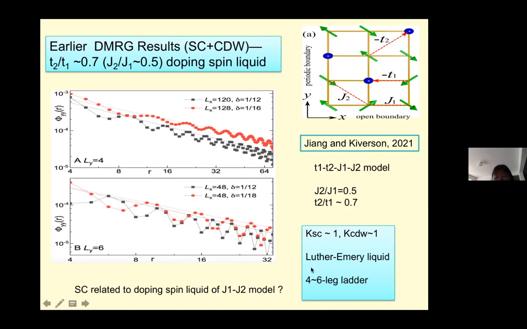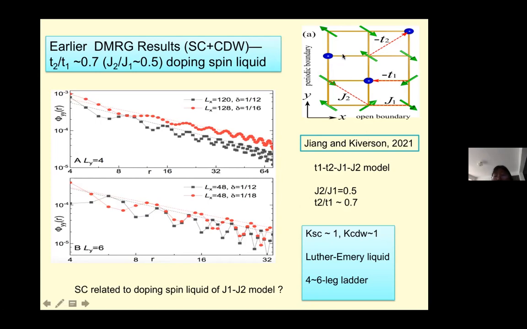The exponent is still around 1, and that is a phase in quasi-1D known as a Luther-Emery liquid, with competing superconducting and charge density ordering tendencies.